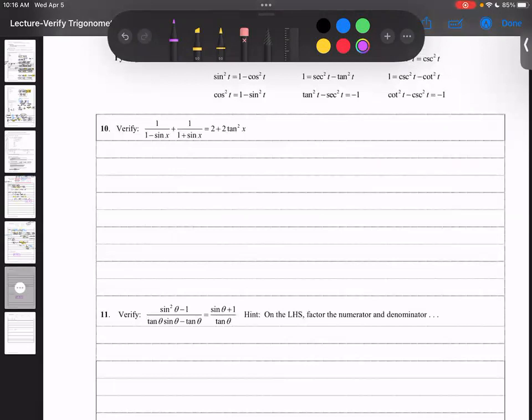Number 10. I will pick the left-hand side. 1 over 1 minus sine x plus 1 over 1 plus sine x. Maybe I'll leave a little space because I'm going to multiply by the common denominator, the LCD thing.